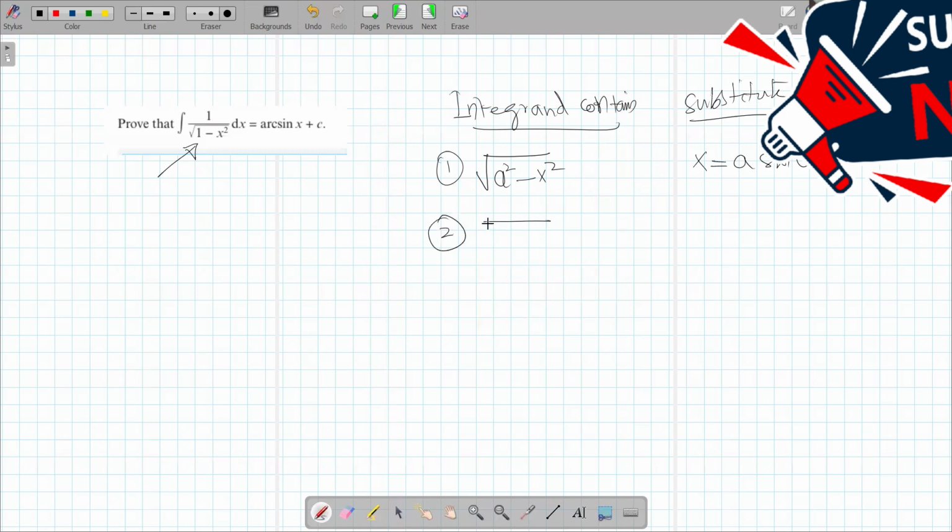If your integrand contains the root of the same thing in reverse order, x squared comes first and then a squared, then the rule is you have to substitute x equal to a sec theta. And number three rule is if your integrand contains the root of a squared plus x squared, there is minus in 1 and 2, but whenever there is plus in between, then the substitution is x equal to a tan theta. This is very interesting.